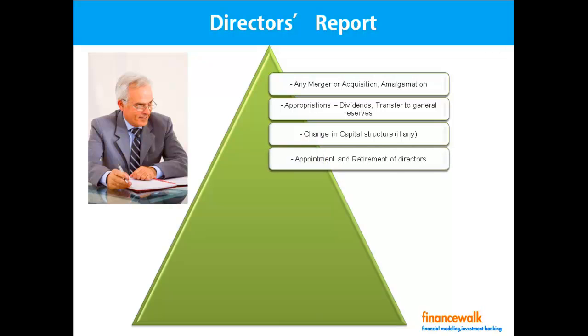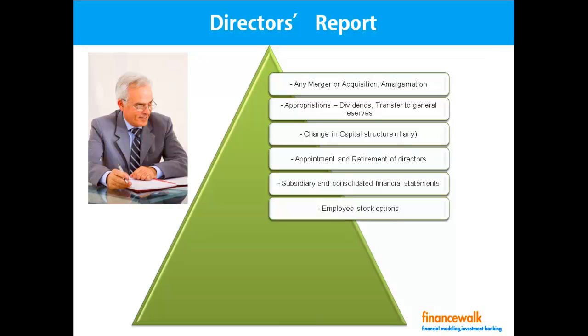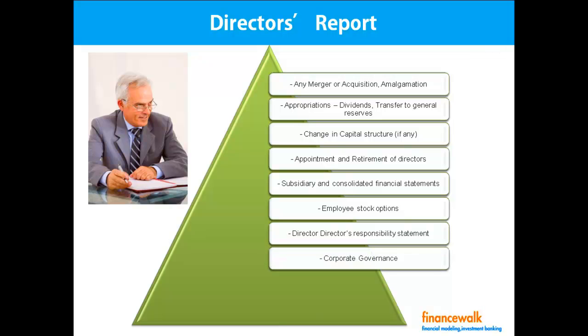If there is any change in capital structure, then appointment and retirement of directors, subsidiary and consolidated financial statements, employee stock options or ESOPs, director's responsibility statement, corporate governance, and conservation of energy, technology absorption, foreign exchange used and earned. These are the details you will find in any director's report of any company.